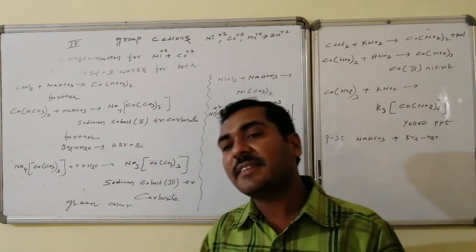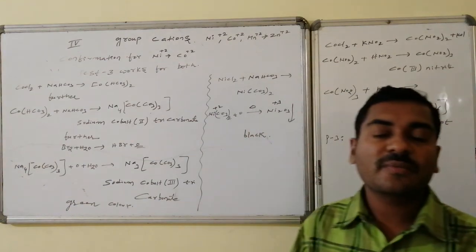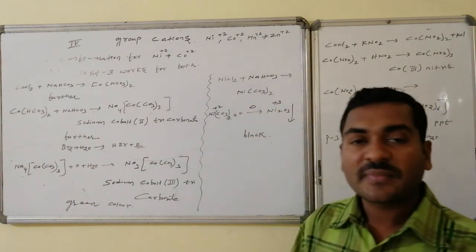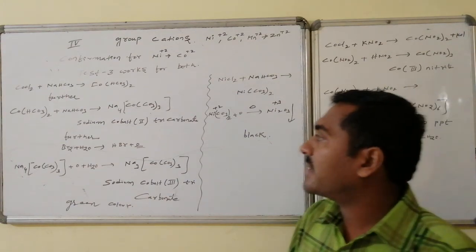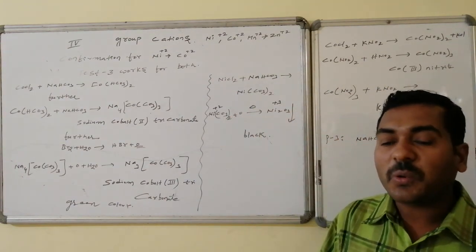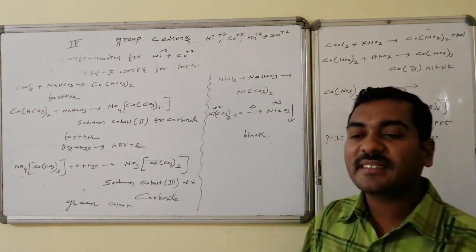Suppose cobalt is there: cobalt on reaction with sodium bicarbonate forms cobalt bicarbonate. This cobalt bicarbonate on reaction with sodium bicarbonate once again forms sodium cobalt 2 tricarbonate, Na4[Co(CO3)3]. It is a complex.